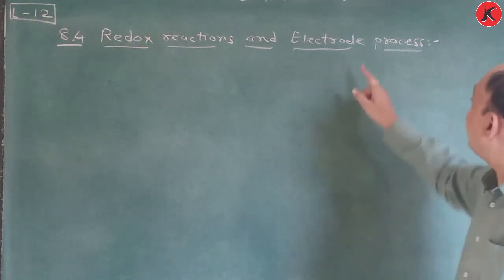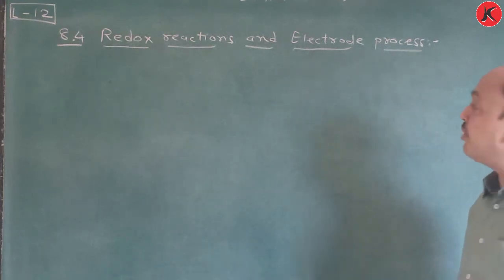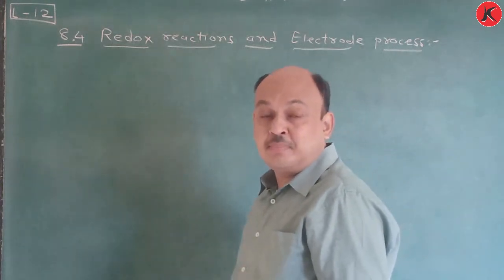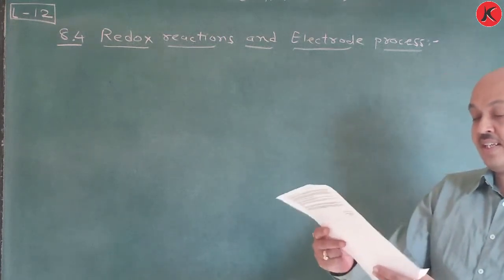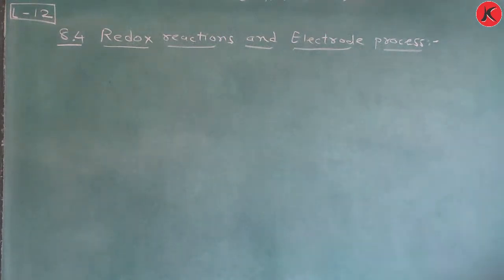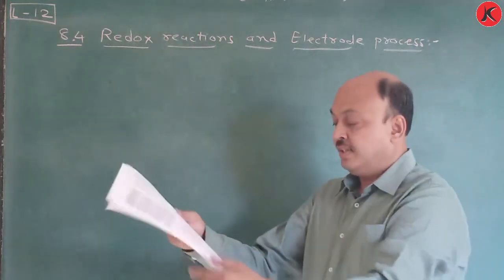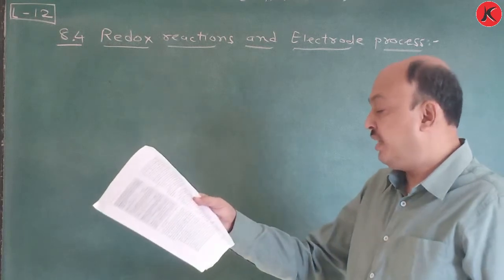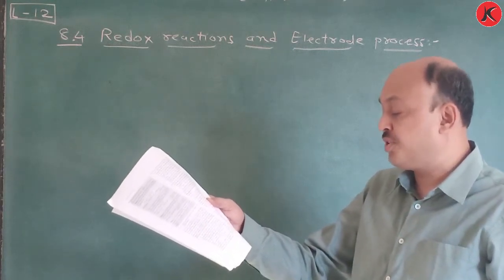But here, one reaction is the electrode process. Remember, this process deals with one experiment in which you have to learn a detailed study in standard 12. But here, according to your NCERT textbook, one sentence is written: the experiment corresponding to the reaction can also be observed if a zinc rod is dipped in a copper sulfate solution.